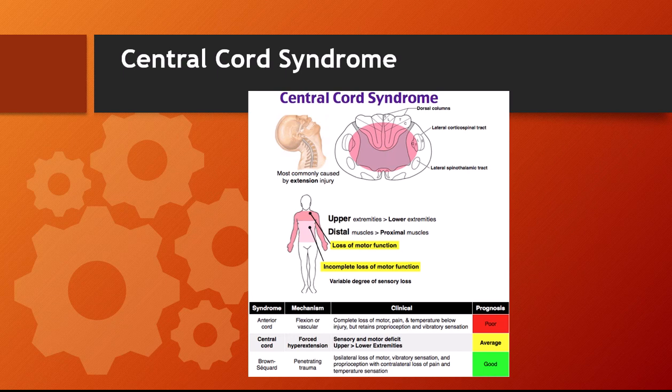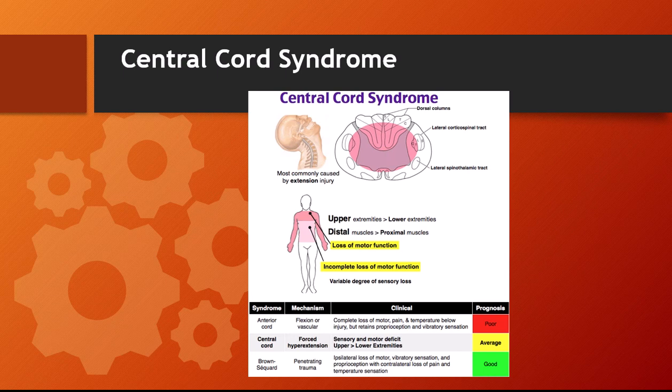I always called it pulling the insurance muscle, okay? And so the thing is, you gotta assess these patients closely because you may have 100 patients that don't have a central cord injury, but that 101st patient might. And guess what? That might cost you an awful lot of money.